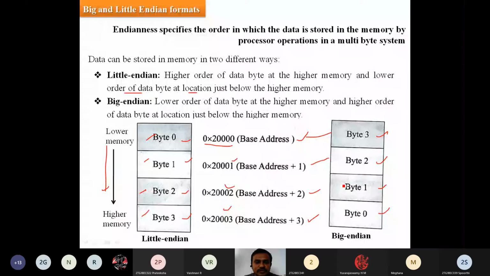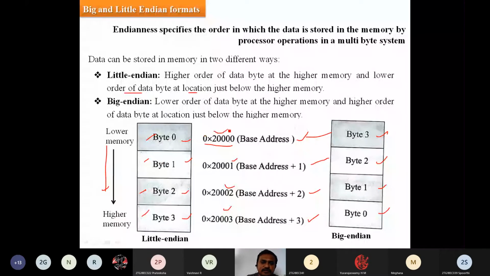So the base address is the lower memory location. By seeing this diagram, you can have a clear idea about how the Endian concept is performed. Here the base address is 20,000, nothing but the first memory location.